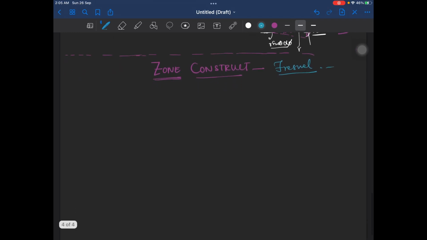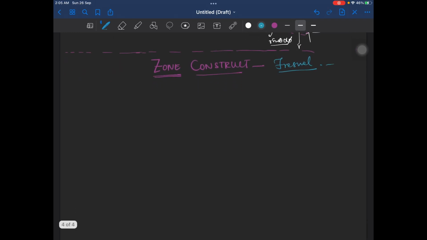So basically this is constructing around P. This is R0.